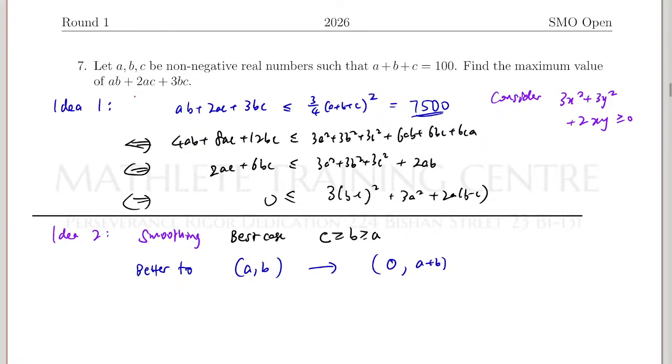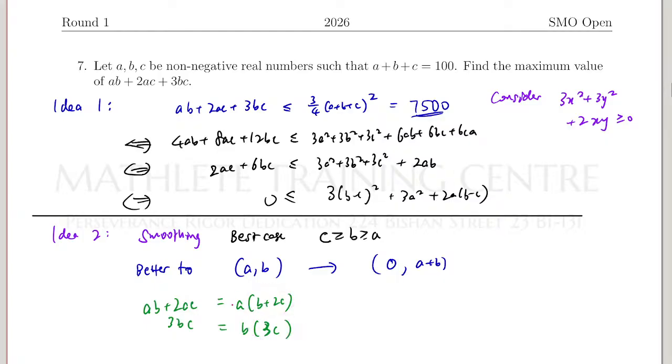If you take a look at the equation, AB plus 2AC, this is A times (B plus 2C). And the other term, 3BC, is just B times 3C. Now, which is bigger? In the best case, C is at least B, so B plus 2C is at least 3C. So this is bigger than this.